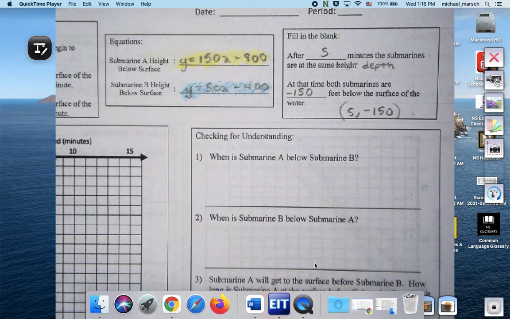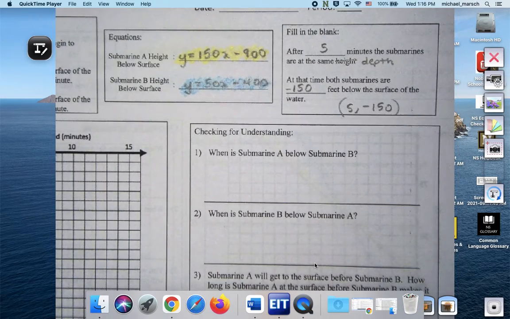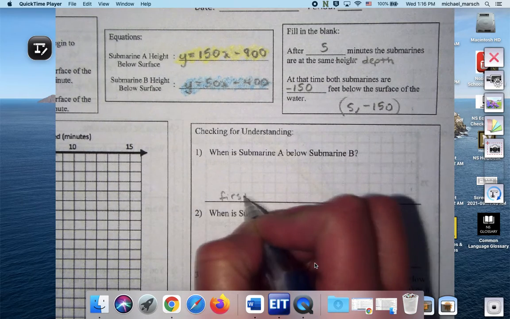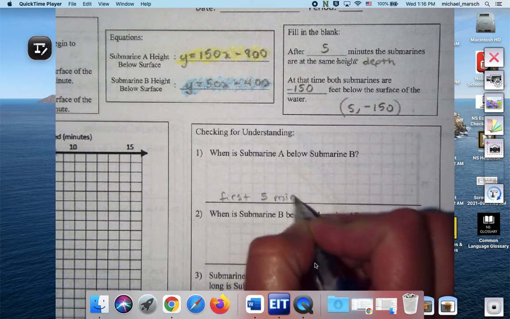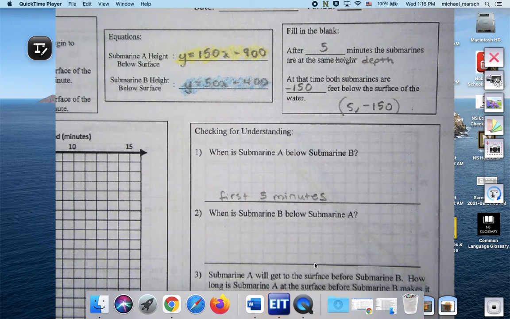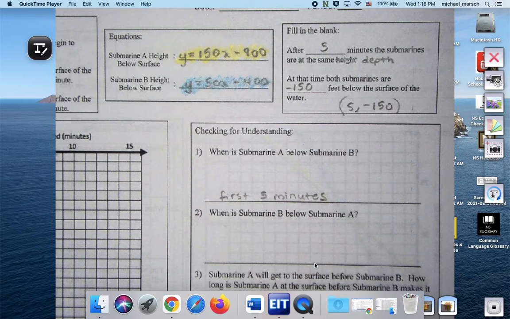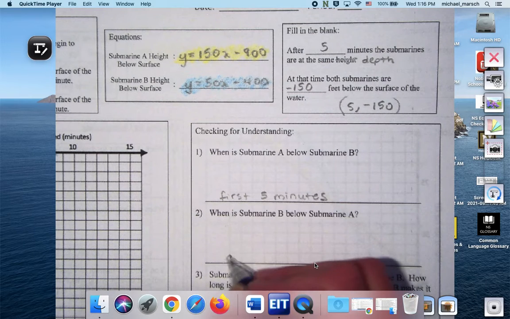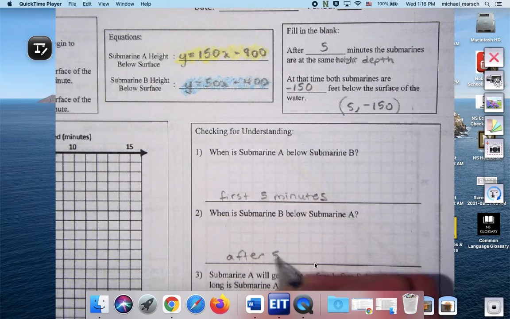When is submarine A below submarine B? Hayden? Before 6 minutes. Yep, for the first 5 minutes. When is submarine B below submarine A? Jackson? After 5 minutes.